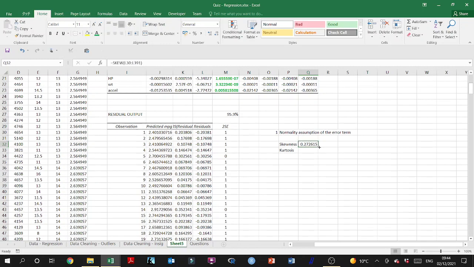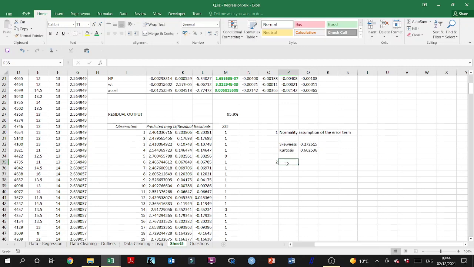And then let's do the kurtosis. All right, they are also very low numbers. This means that there's high normality, so that we have no reason to doubt the normality assumption.